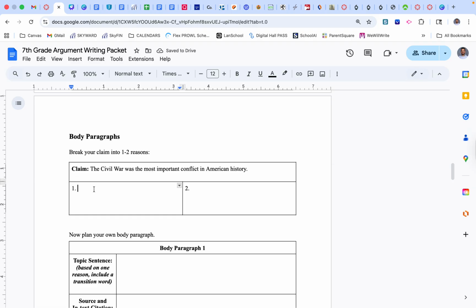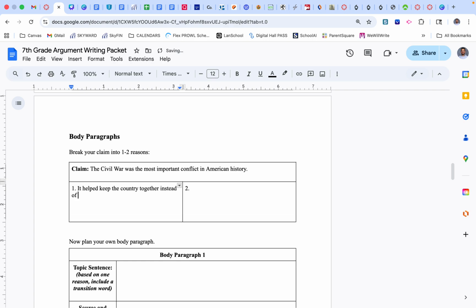Then you have to think of reasons why your claim is correct. So for me, I'm thinking about, okay, why was the Civil War the most important conflict? Well, first, what I would say is that it helped keep the country together instead of splitting it into 2.